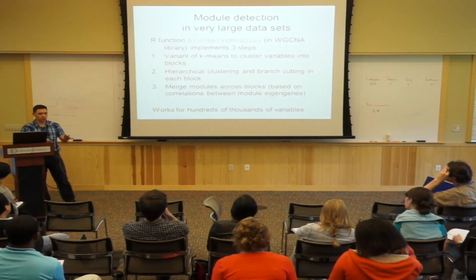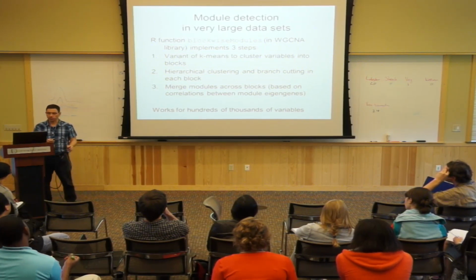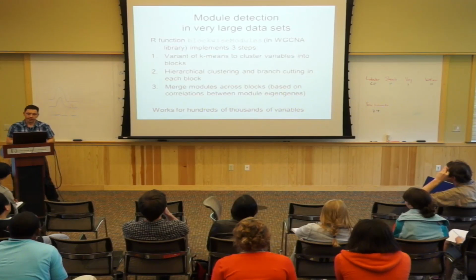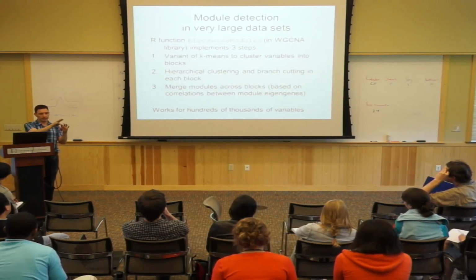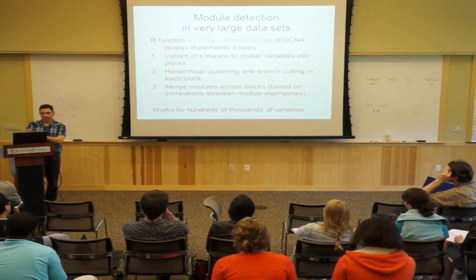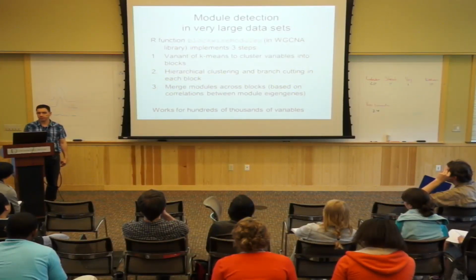And then it uses hierarchical clustering in each block separately. And so you end up with 50 hierarchical cluster trees. And then, we of course use branch cutting and so on, and we get clusters and modules in each block. Then we summarize each module by its module eigengene, and then we merge the results across blocks by forming correlations between module eigengenes, right?